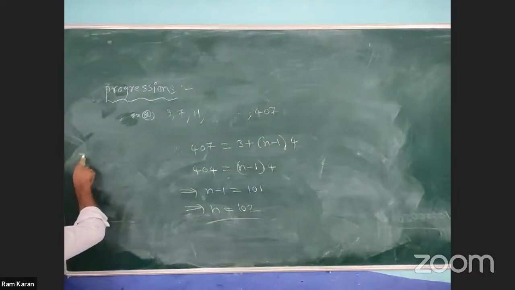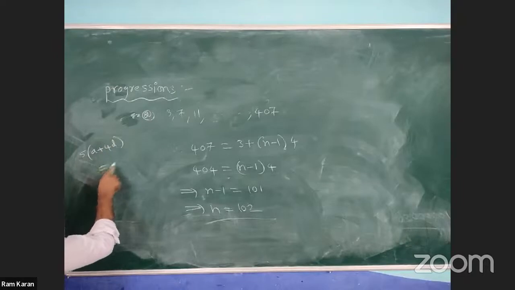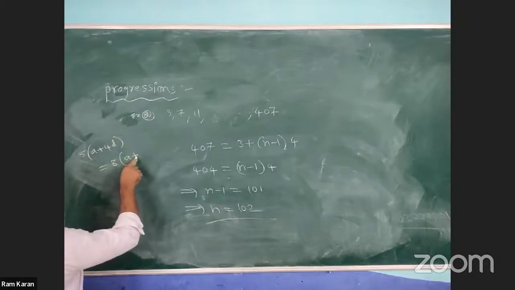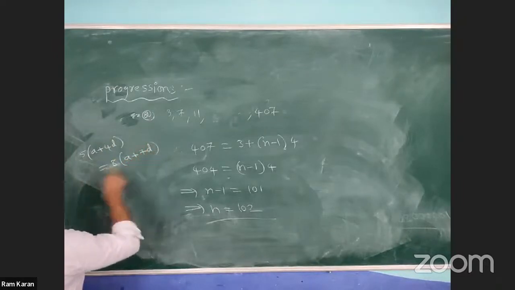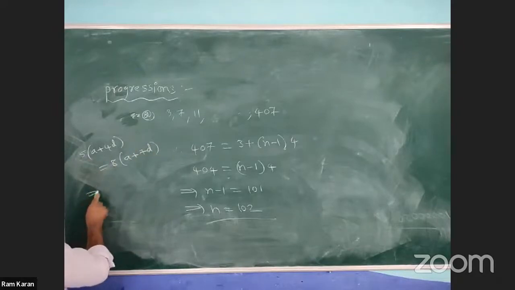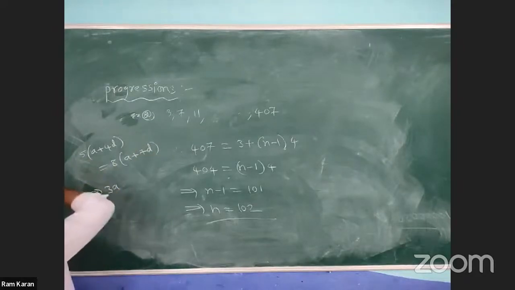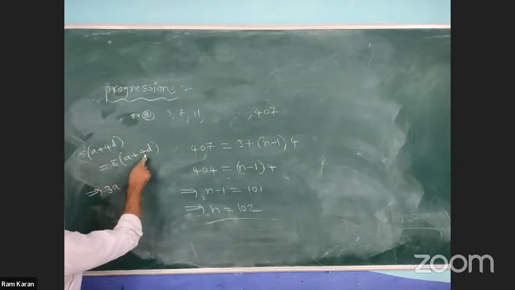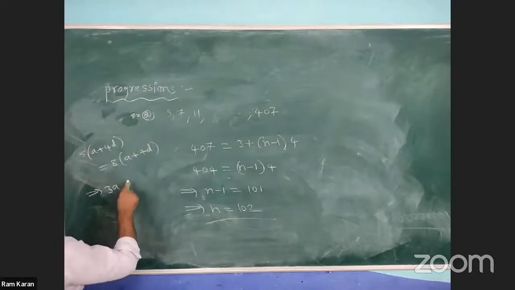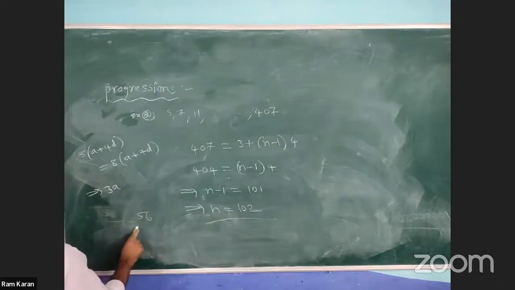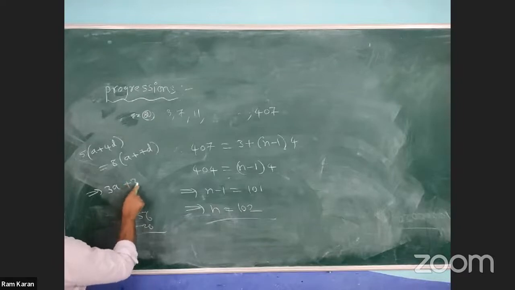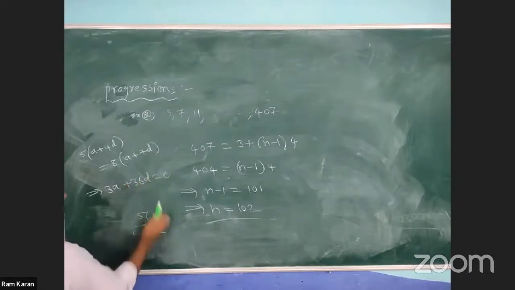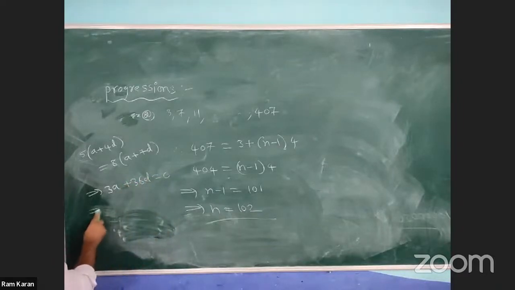Like this: 5 into the fifth term, A plus 4D, is equal to 8 into the eighth term, A plus 7D. That gives 5A plus 20D equals 8A plus 56D, so 3A plus 36D equals 0.